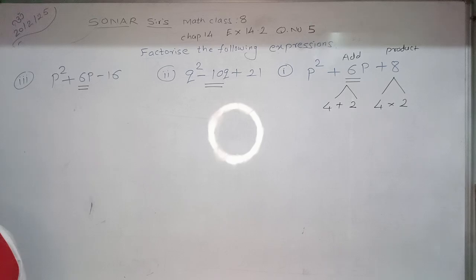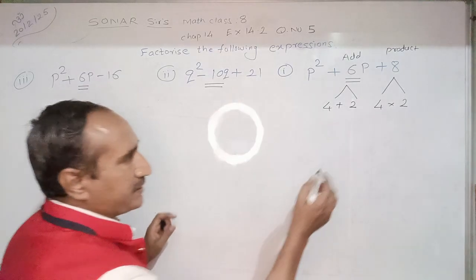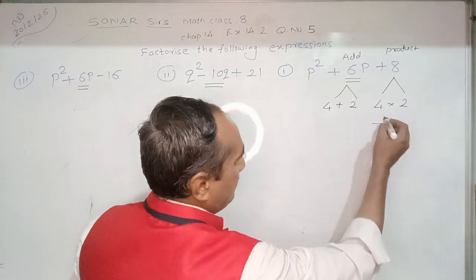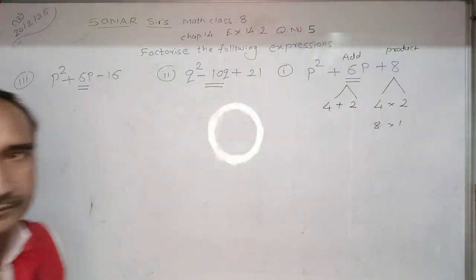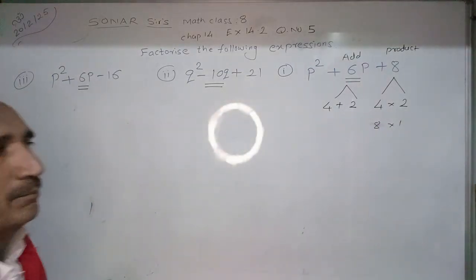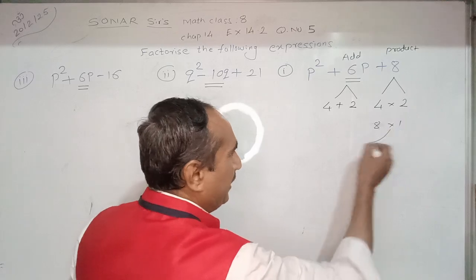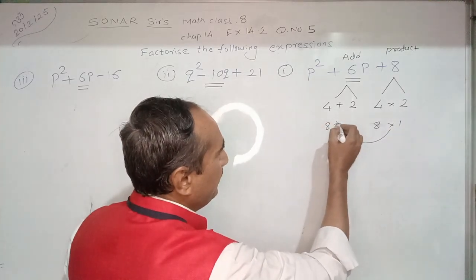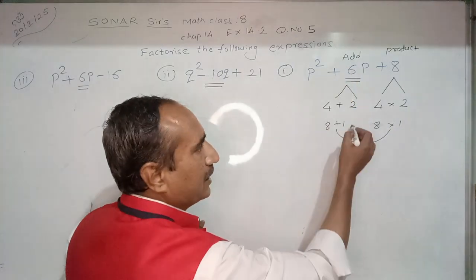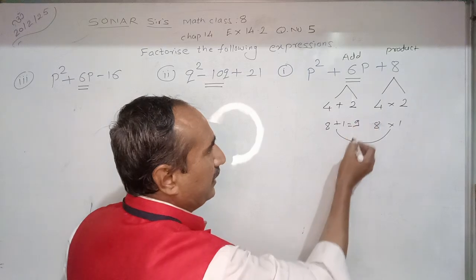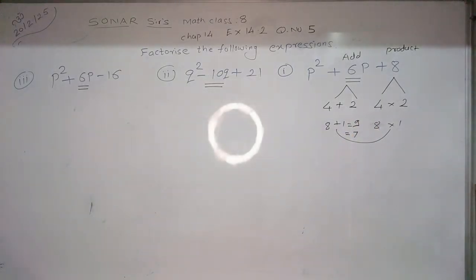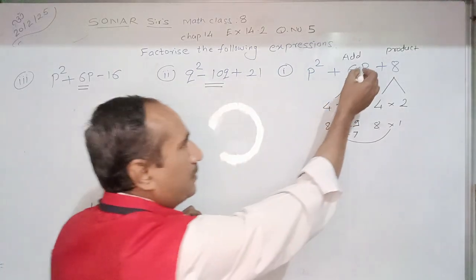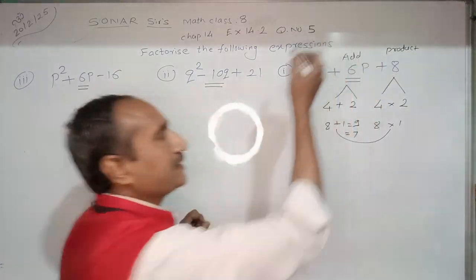Now you can ask why we cannot take 8 into 1, 8 ones are 8. But we can see that their addition will not be equal to 6. Their addition will be 9 and their subtraction will be 7. But we want the middle term as plus 6.